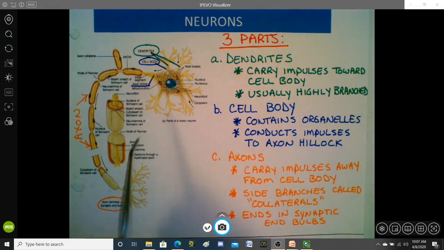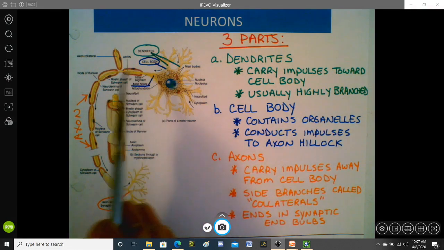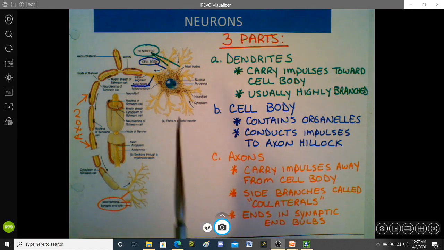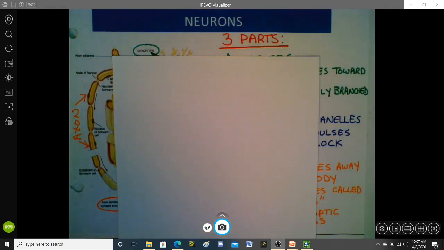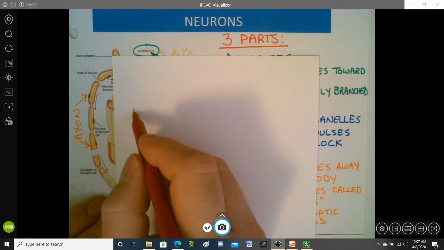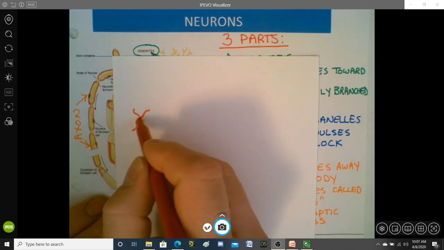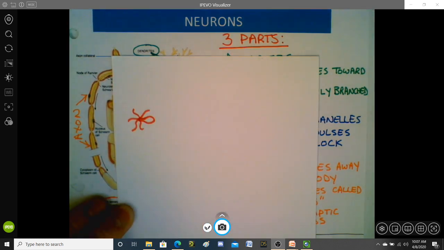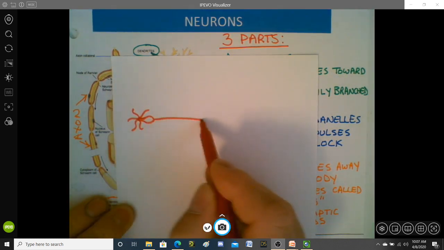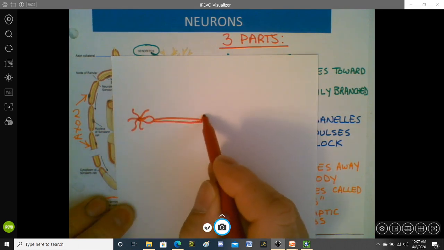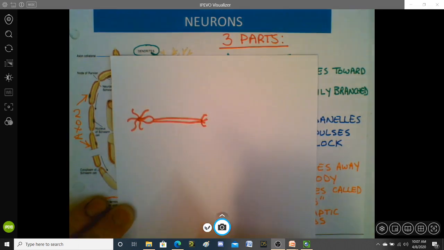So what's going to happen is our nerves are built out of millions of neurons that are connected. You've got one neuron connecting to a second neuron, connecting to a third, and so on. Let me give you an example here. Here are my dendrites. I'm just going to draw dendrites. Here's the cell body. And then you have this long axon with these synaptic end bulbs.